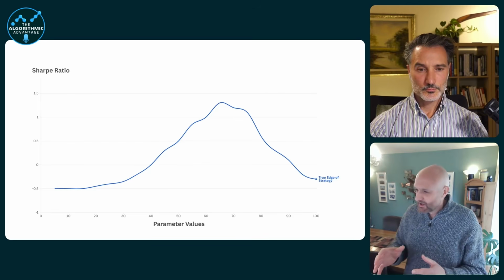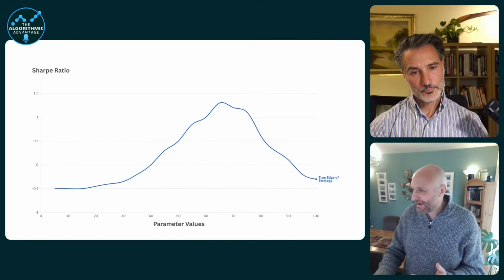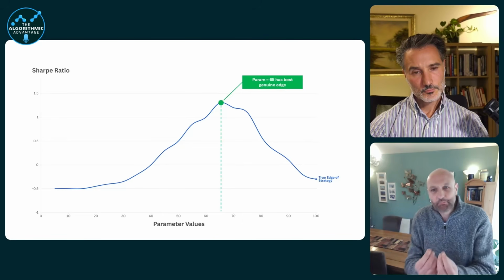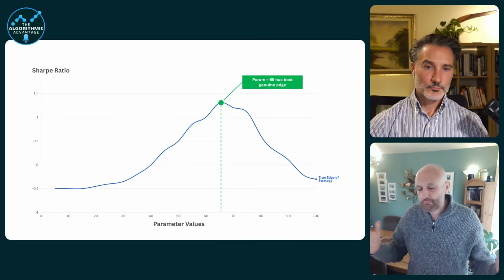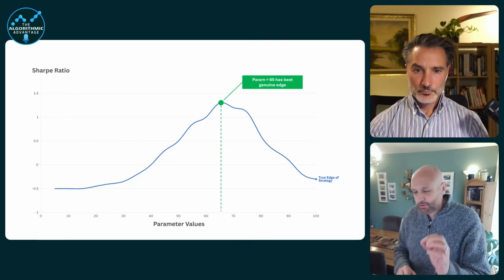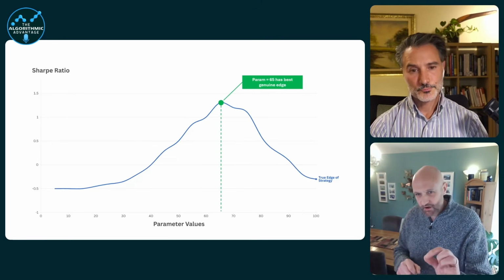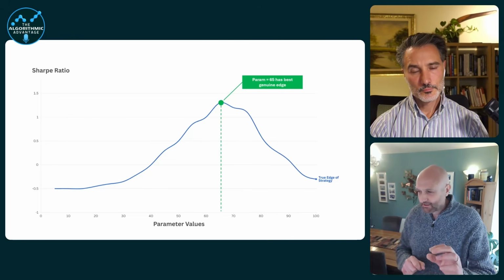As you can see here, we're looking at a value of about 65 as being the optimal for this particular parameter, be it a moving average or whatever. But we're looking here at what is the genuine edge of this parameter. Okay, unfortunately, life isn't that easy.